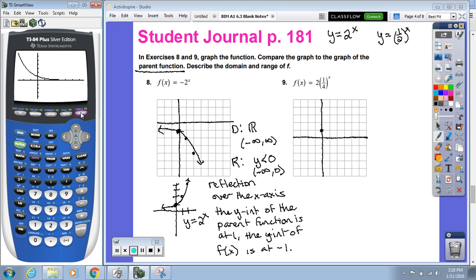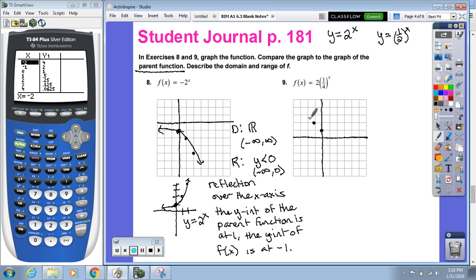And then we can look at our graph, and we could pull up our table if it helps us, and we could say that there is a point at -1, 2, and -2, 4. And then at 1, it's at 1/2. And at 2, it's at 1/4, and so on.